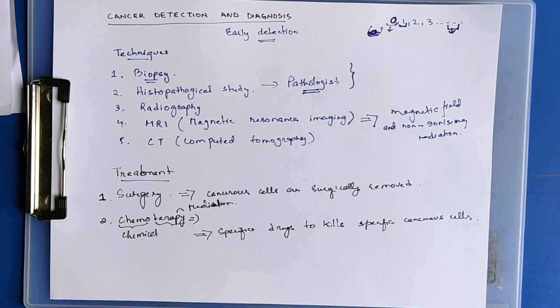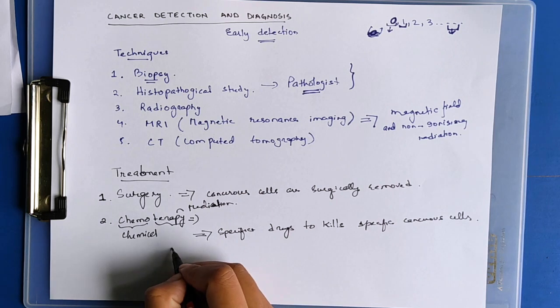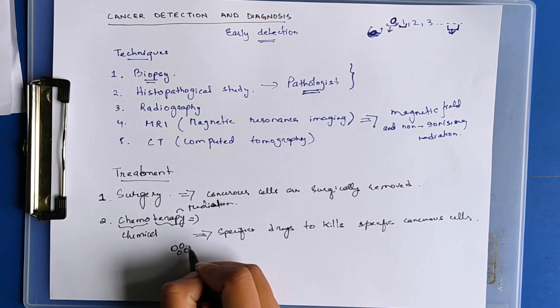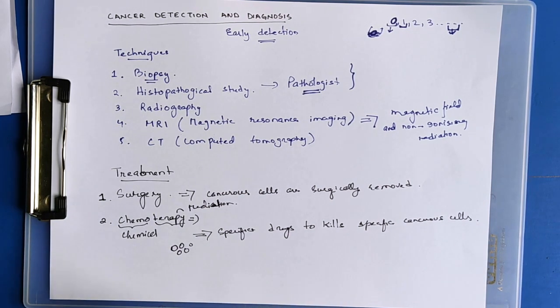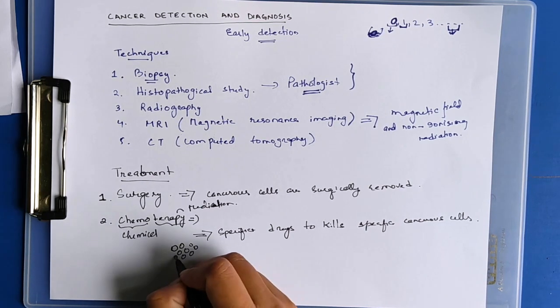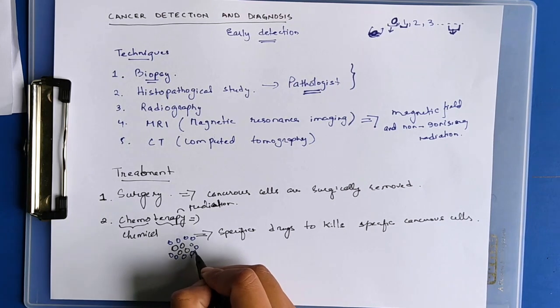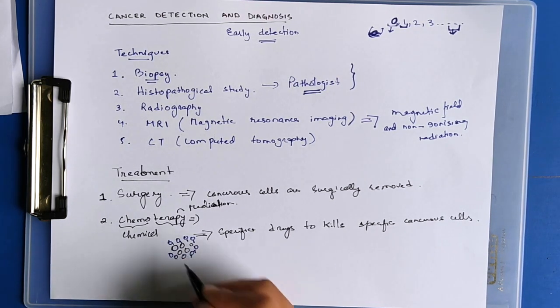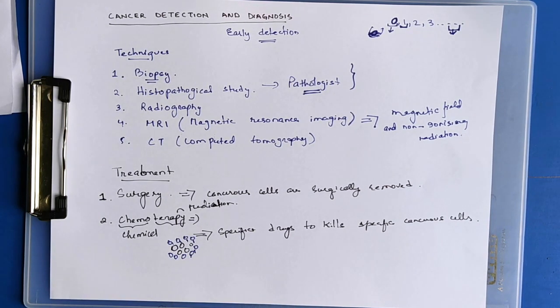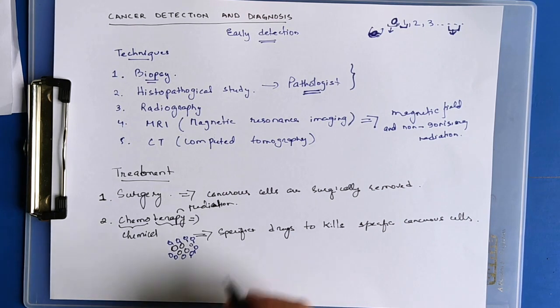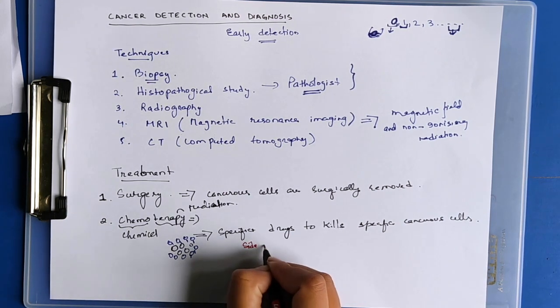Chemotherapy affects both cancerous cells and normal cells, so when we take these kinds of treatments, even our normal cells are damaged. Chemotherapy has side effects.